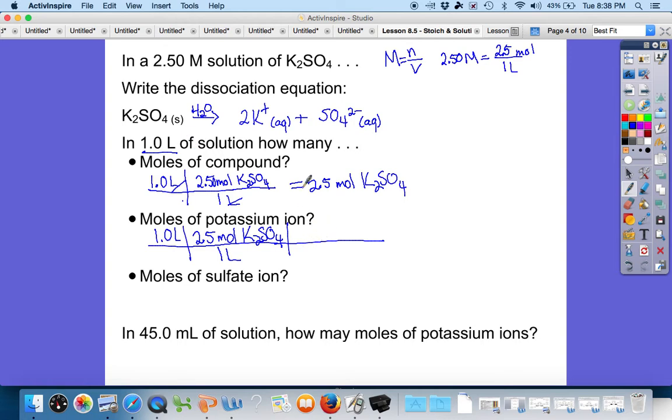So in our dissociation equation, we have 1 mole of potassium sulfate, but we have 2 moles of our potassium ions.